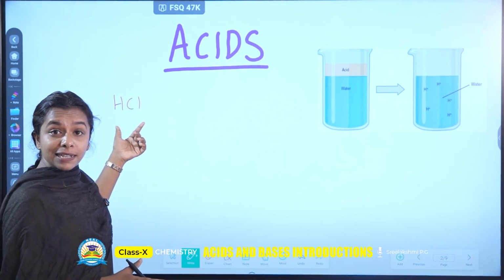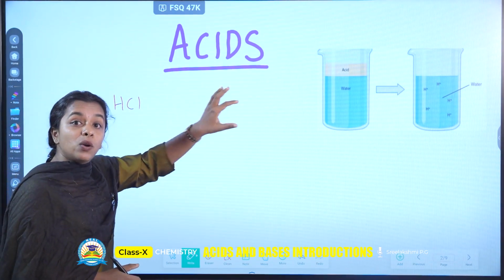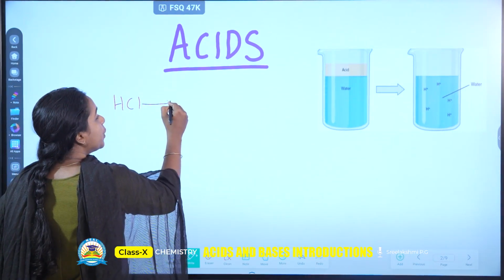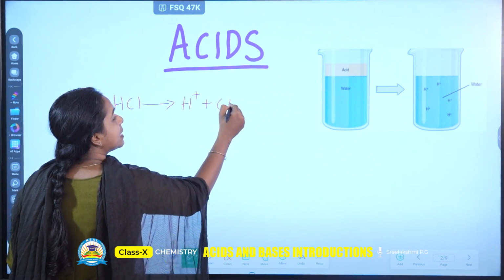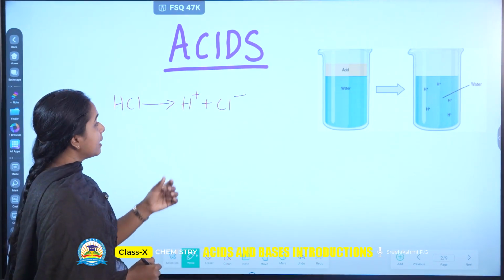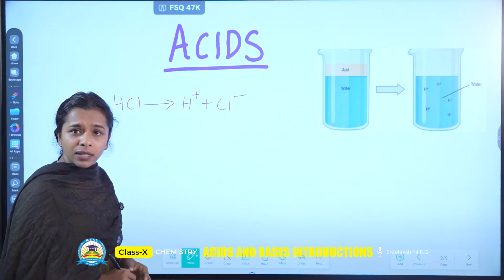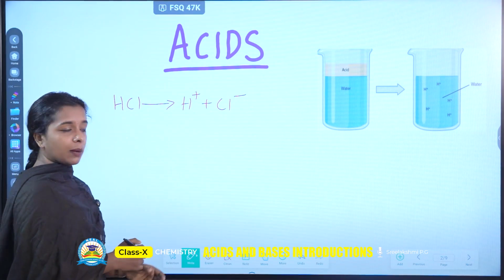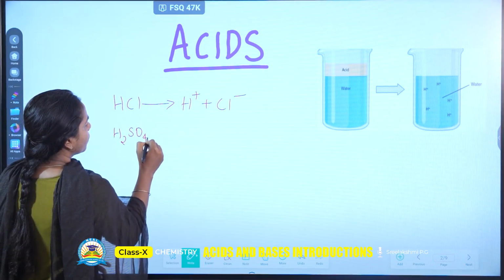For example, let us consider HCl. So here HCl, when I dissolve it into water, will produce H plus and Cl minus. That is H plus cation and chloride anion. Okay, let us consider one more example, that is H2SO4.